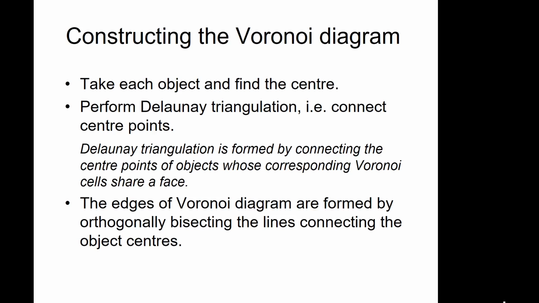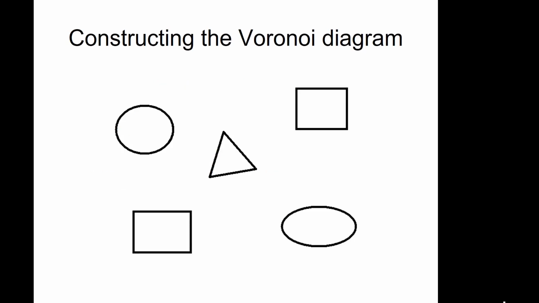These are the instructions on how to construct it. What you do is you take your objects and then construct paths through this. So we'll work through that as an example.